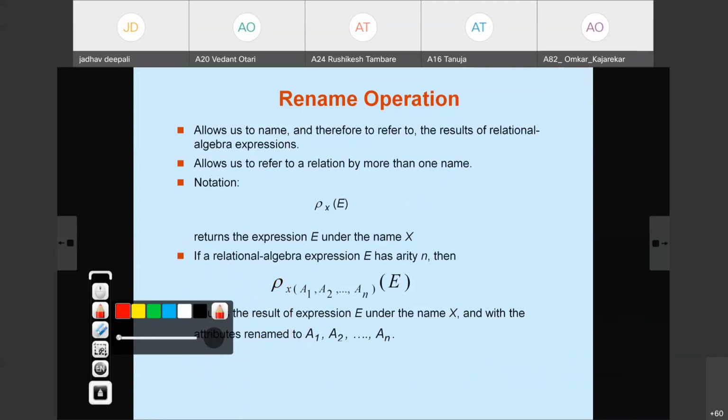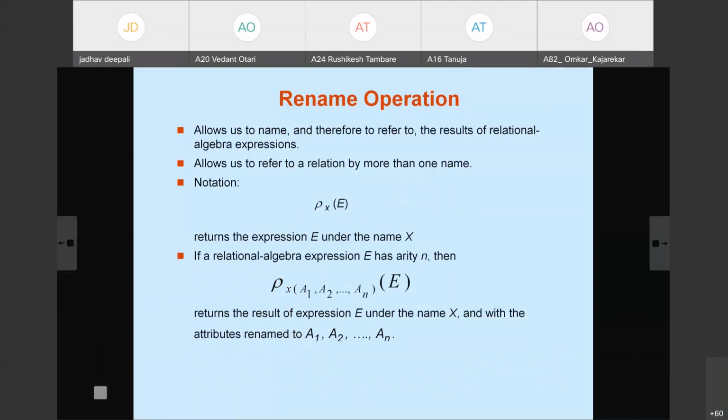Now, if a relational algebra expression E has n attributes, and among those n attributes we want to rename them with new names, in that case you can rename the attributes also with new names A1, A2 to An.